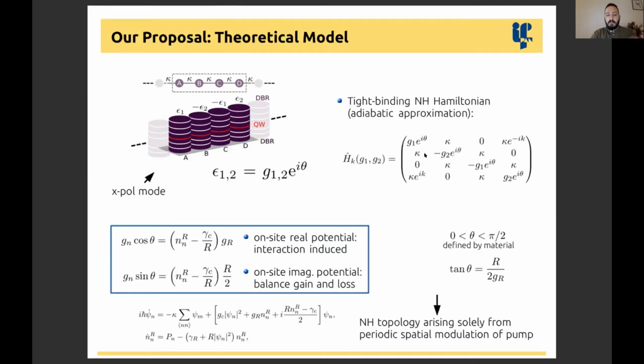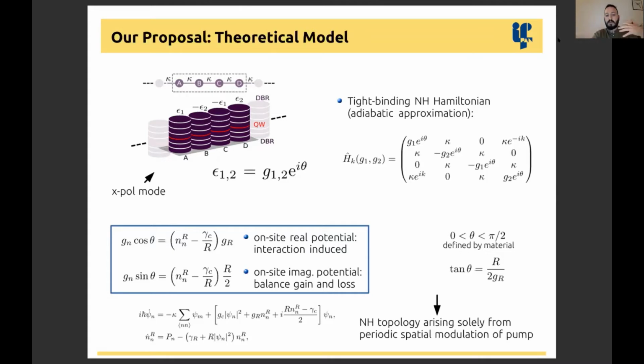But instead of a purely imaginary on-site potential, we consider a complex on-site potential, which is modulated in space. What does it mean? We have 2 components, a real component and an imaginary component. The real component mimics the physics of a real potential, which is induced by the interaction with the reservoir, while the imaginary part simulates the balance between the gain and the losses.